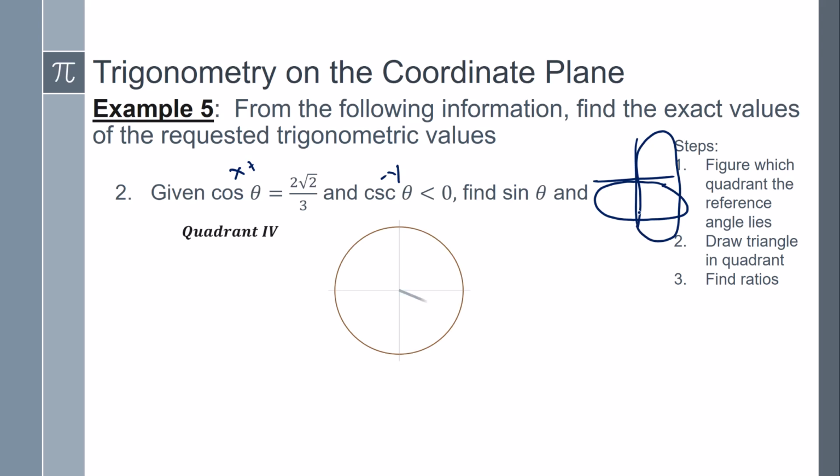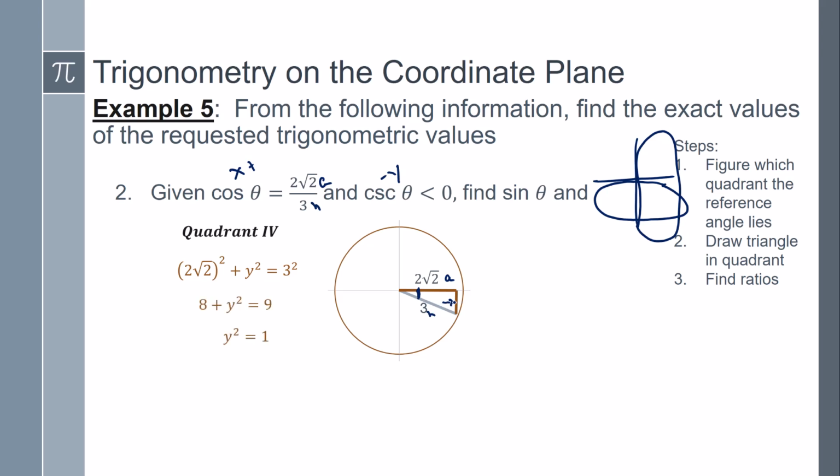So we draw my reference triangle in quadrant number 4, perpendicular to the x-axis. This is cosine, so this is adjacent over hypotenuse. If this is my theta, this is my adjacent, this is my hypotenuse. So now the Pythagorean theorem, a squared plus b squared equals c squared. I don't know what this is going to be, so I need to figure it out.